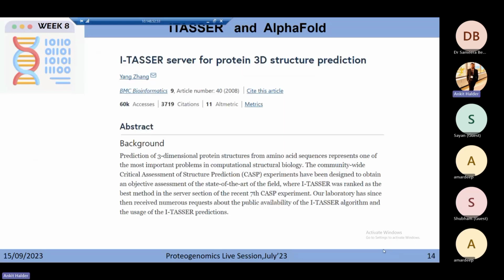So this is the paper which you can go through as well. A prediction of three-dimensional protein structures. The community-wide critical assessment of structure prediction experiments, where I-TASSER was one of the most popular and has been used for 3D structure prediction of those particular proteins.